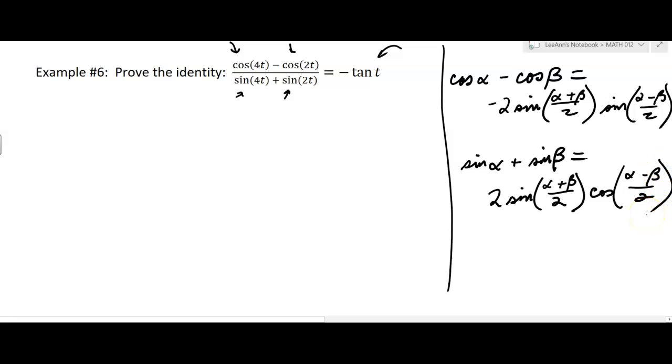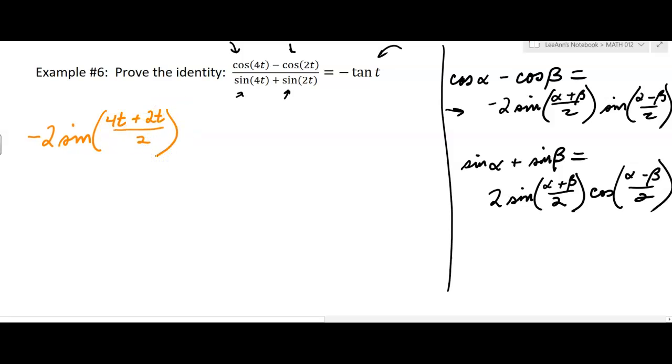Okay, so now we'll just start putting stuff in. So I'm going to start with this one up here, and I'll write it in orange so maybe you can see it better. Minus 2 sine, and then my alpha is 4t plus 2t, because my beta is 2t, over 2.